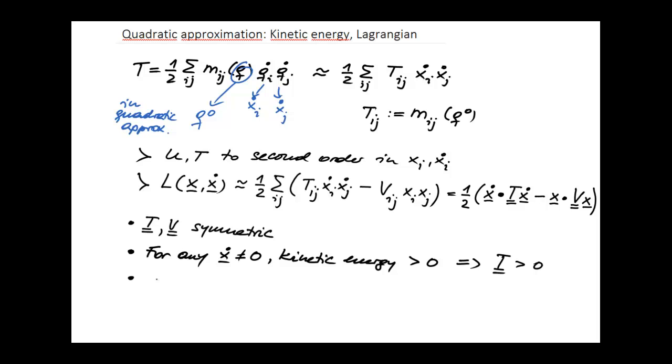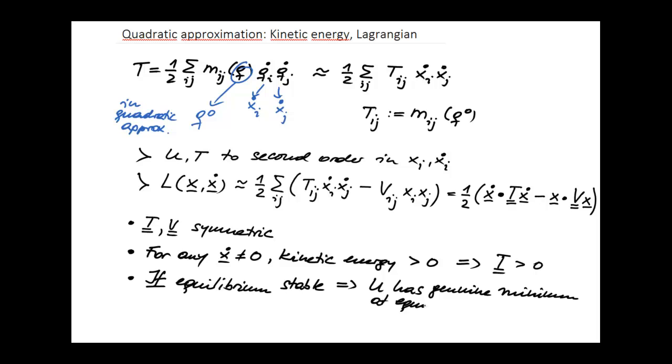So if we make this assumption, then this function u has a genuine minimum at this equilibrium configuration, and this implies that the matrix of second order partial derivatives is also positive, like the matrix T.